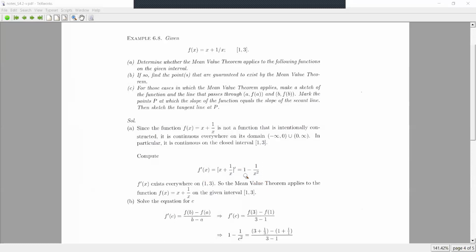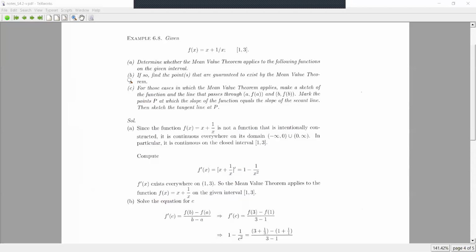Clearly, the derivative is computable for any number between 1 and 3. If you arbitrarily pick a number, say 1.5, and plug it in for x, it's computable. So the derivative exists everywhere on this interval, and therefore the second condition of the mean value theorem is satisfied. As a result, the mean value theorem applies to the given function on the given interval.